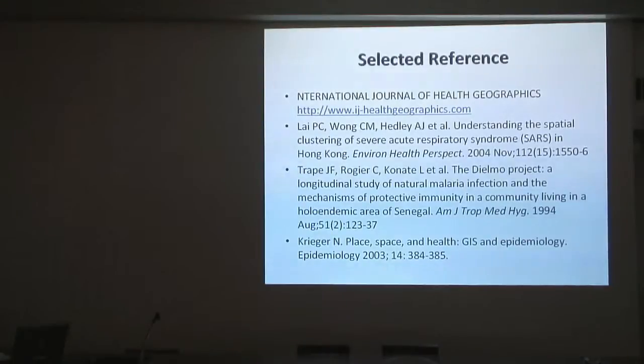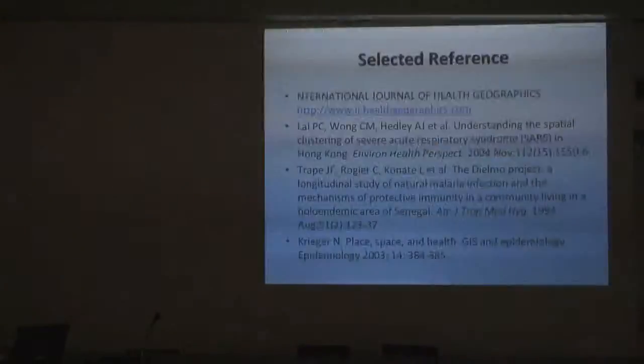And there are many articles on GIS in epidemiology. There are just selected references, and there is a special Journal of Health Geographics that is dedicated to the use of GIS in public health and epidemiology.